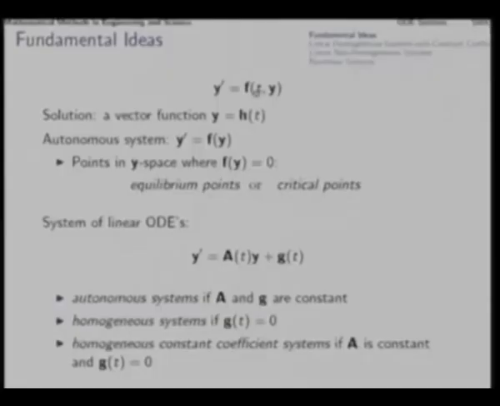This is one issue. Now, there is another important issue, and that is if the function here is nonlinear, that is, if it is a nonlinear differential equation.